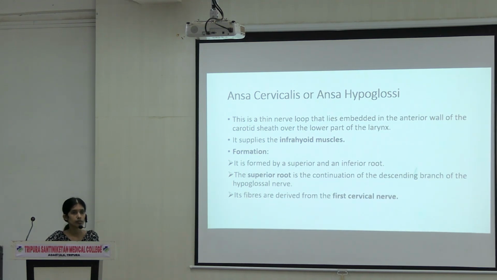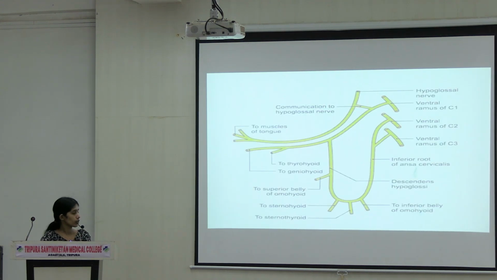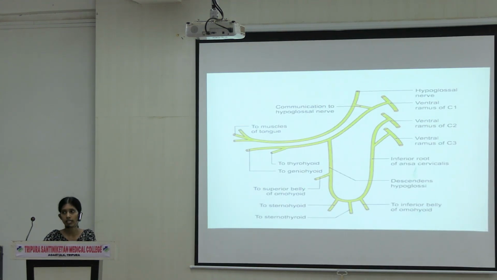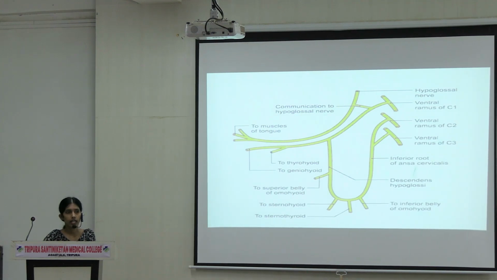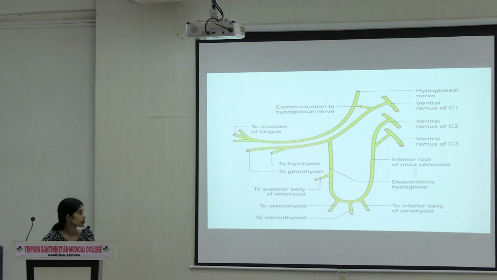Any doubts in this? No doubts? You can see here the picture of Ansa cervicalis. If they ask you a short answer question, you have to draw this diagram also. So this is the inferior root and this is the superior root of the Ansa cervicalis.